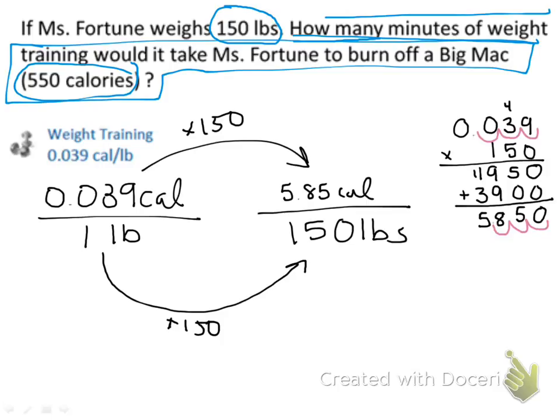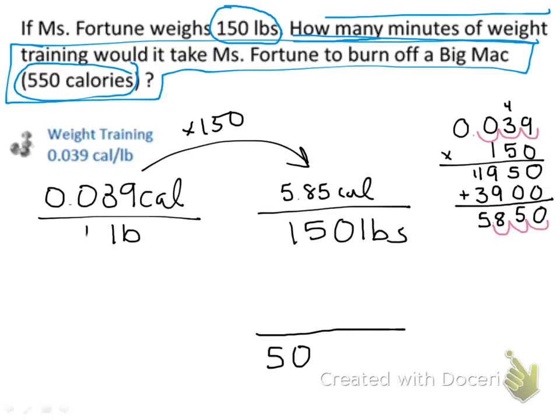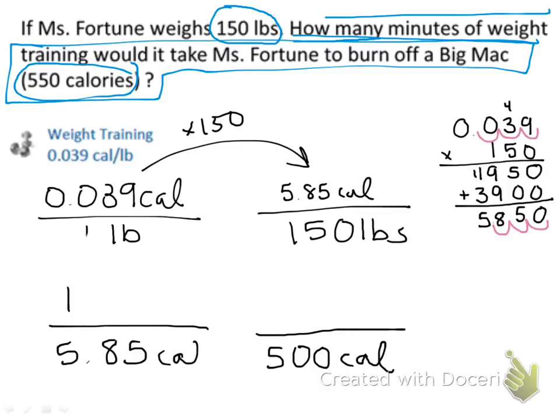Okay, so now we know how many calories Miss Fortune burns in 1 minute of exercise. But that's not what our question's asking. It's asking how many minutes of weight training would it take Miss Fortune to burn off a Big Mac of 550 calories. So our next rate that we're going to use is we want to figure out minutes for 550 calories. So if I know that Miss Fortune burns 5 and 85 hundredths of a calorie in 1 minute, I can set up my next ratio.